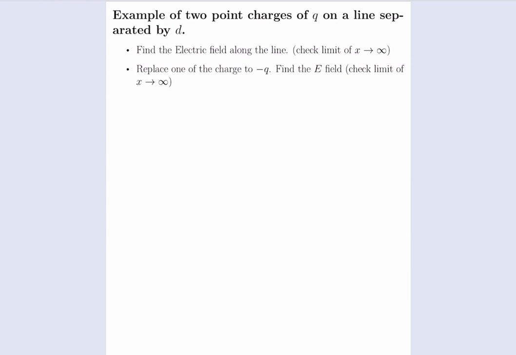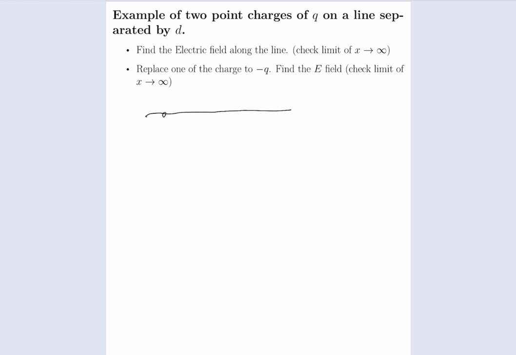Now, before we do that, let's go through an example. The first example that I want to do is, say that there are two charges, right? That's the simplest situation.